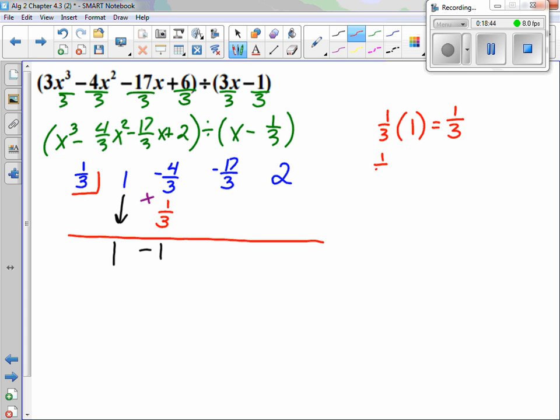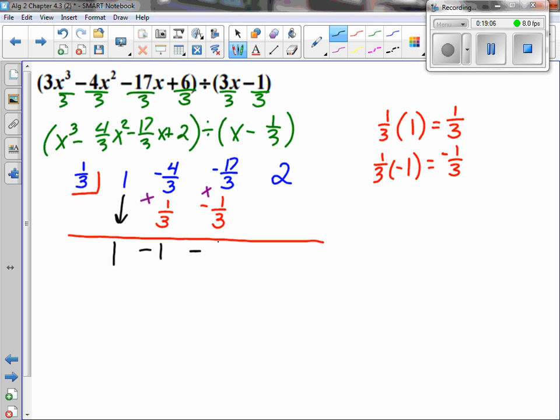And then again, we would do 1/3 times negative 1, which is going to be negative 1/3, plus negative 17/3. It'd be negative 18/3, and that reduces to negative 6.